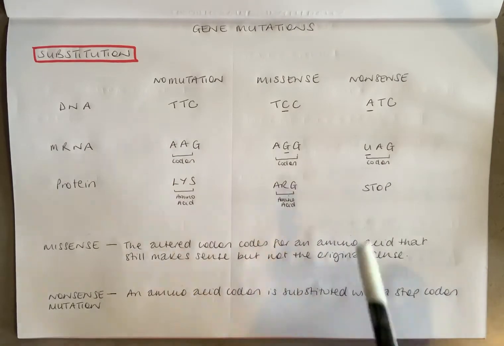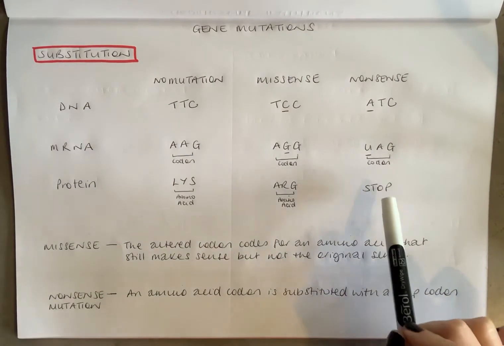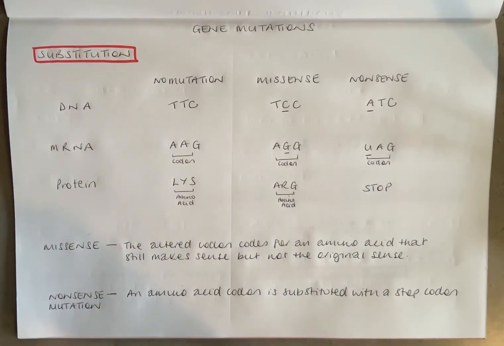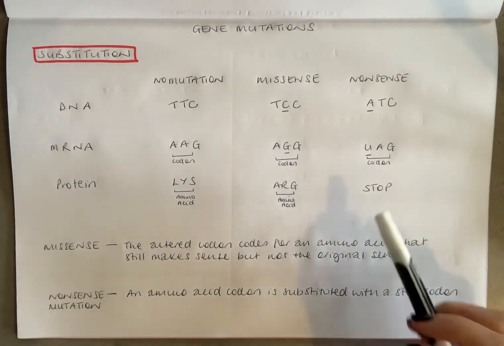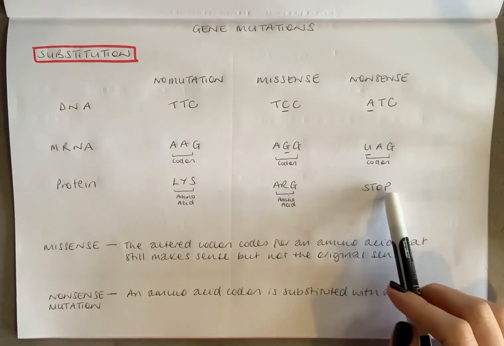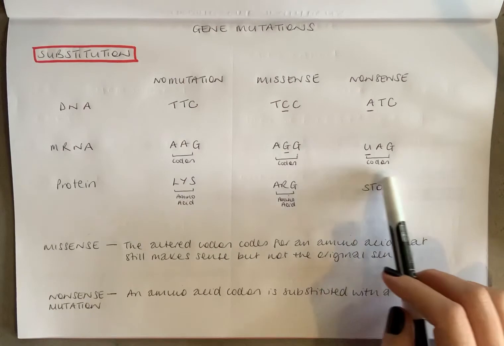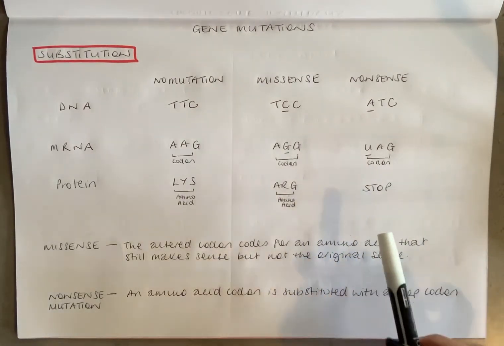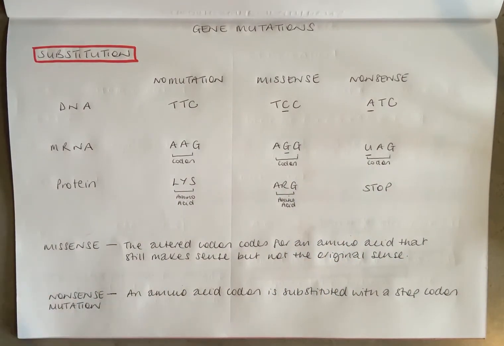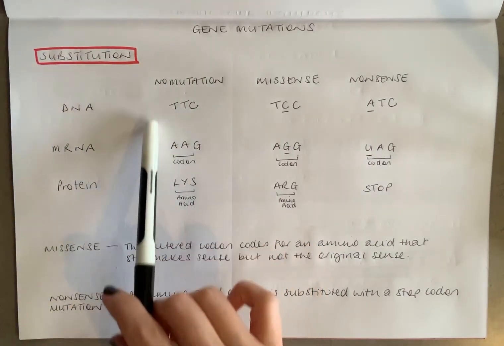So because we've got a stop codon, we have a smaller sequence, and that smaller sequence is enough to provide this mutated version of the protein. As it says here, a nonsense mutation: an amino acid codon is substituted with a stop codon.